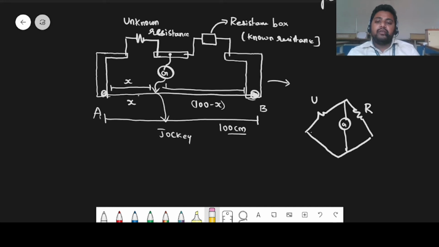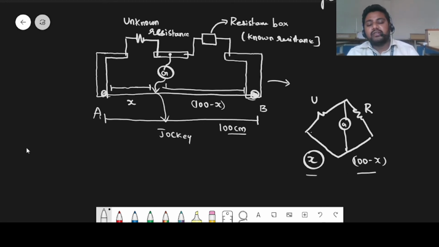Now we are using one condition. This 100 centimeter wire, you can take this one as X and this one as 100 minus X, and each is going to have some resistance. To understand the resistance, let's say this 100 centimeters of wire has R resistance. So 1 centimeter wire will definitely have R by 100, where R is the total resistance.